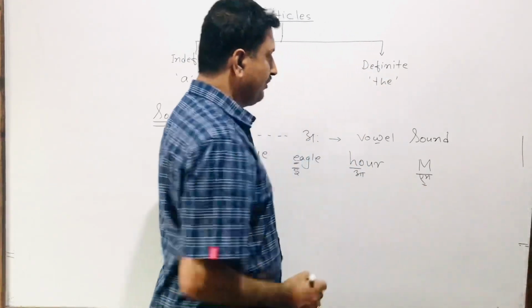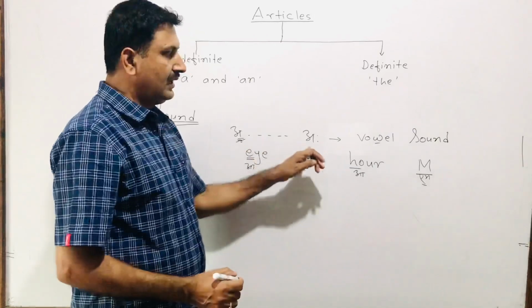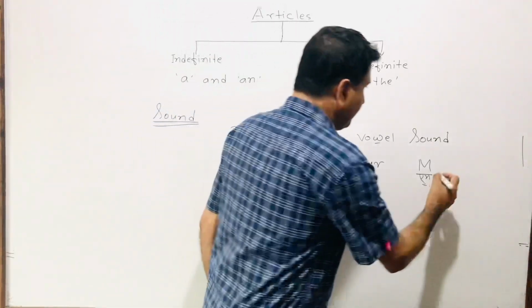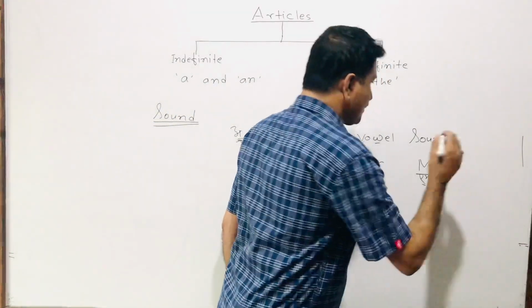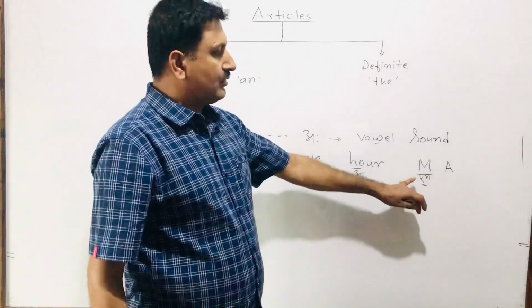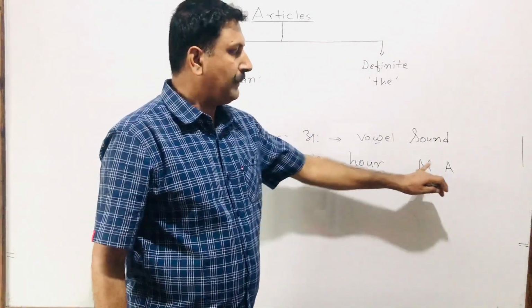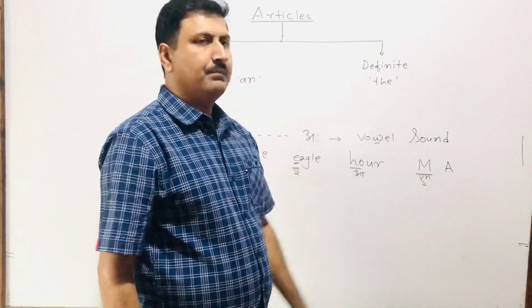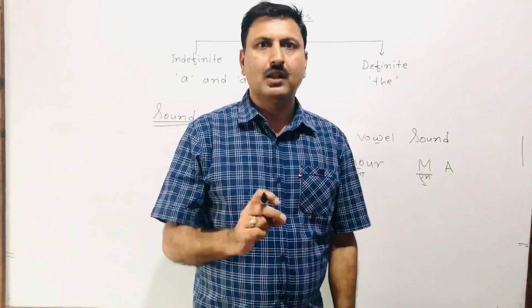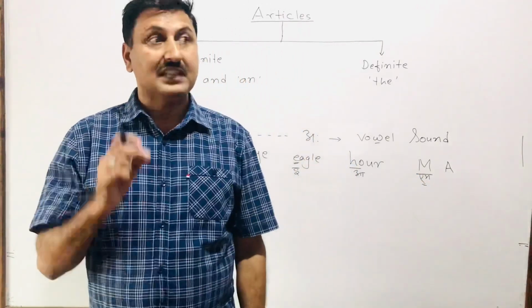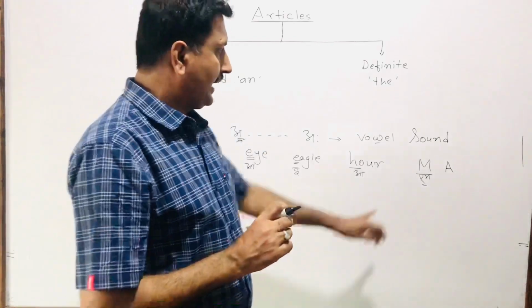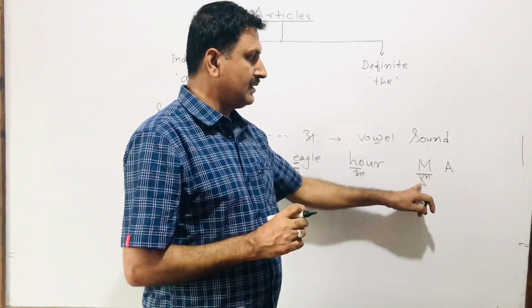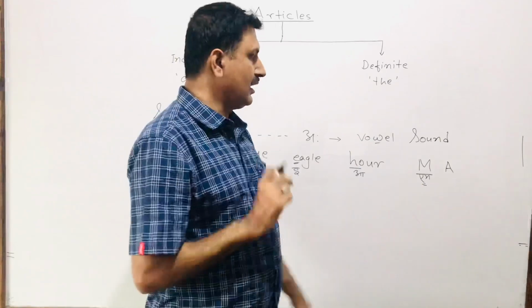This A falls in the group of A. That is why, if you are asked to find out the initial sound of M, M is vowel sound. The letter is consonant, M is consonant, but M has initial vowel sound.